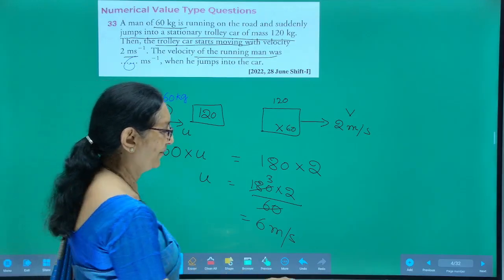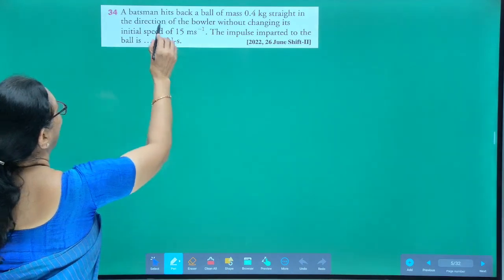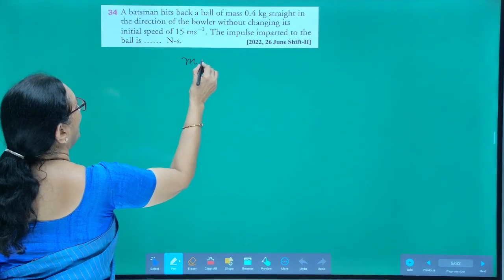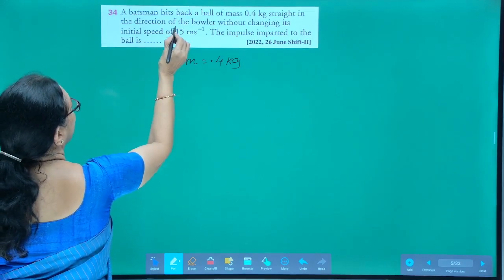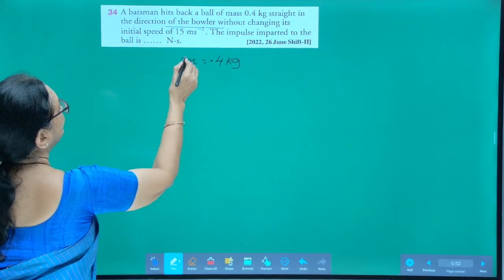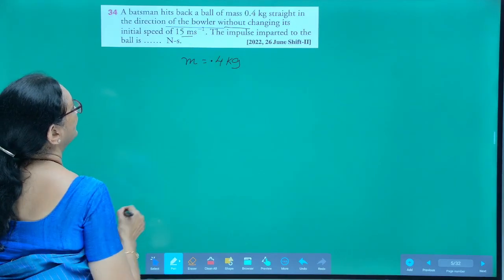Okay? Now let us go to the next problem. A batsman hits back a ball of mass 0.4 kg straight in the direction of the bowler without changing its initial speed, 15 meter per second.